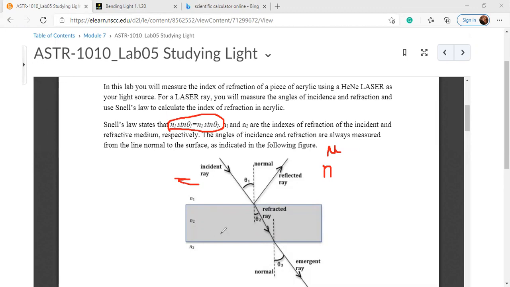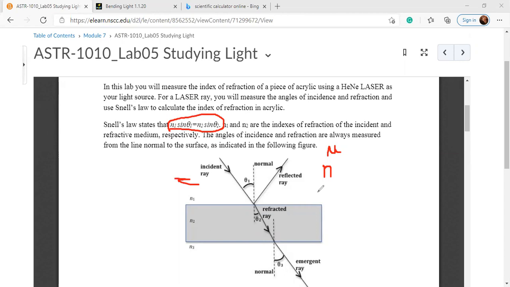And the refractive index of this medium, this may be a glass slab, or it could be water or diamond, whatever. But this medium is different from this one. That's why the refractive indices are different. Here is n1 and here is n2.